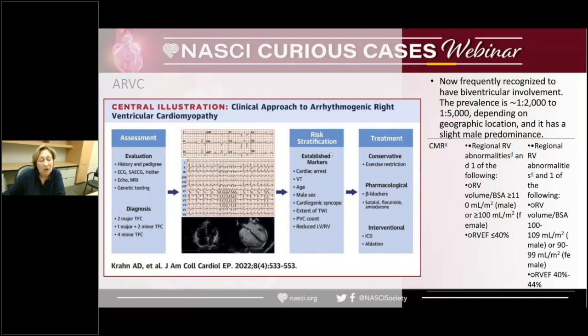Evaluate for cardiac arrest and VT, male sex, and everything that's listed here. This particular patient did not come to us with a known diagnosis of ARVC, but he certainly left with one. He did have VT, and he had the ICD placed for prevention of sudden cardiac death.